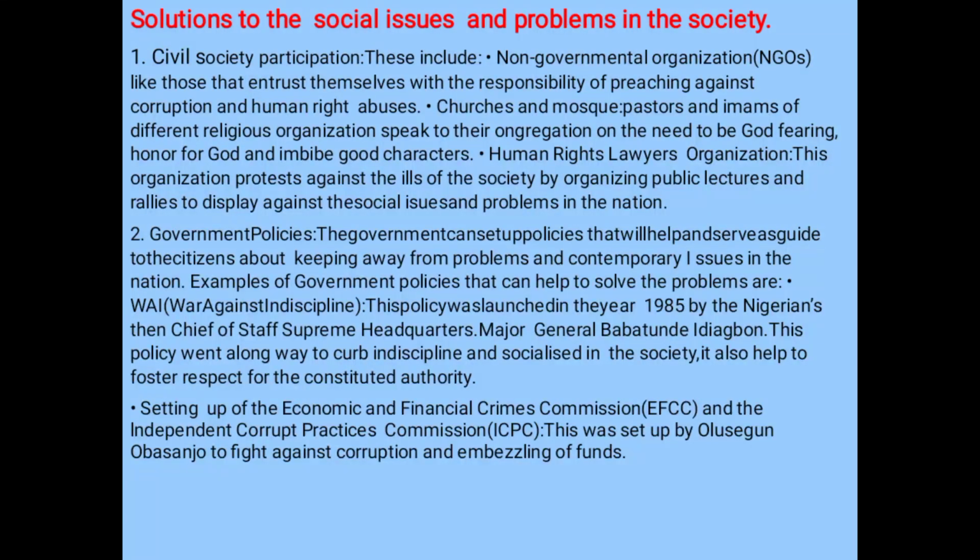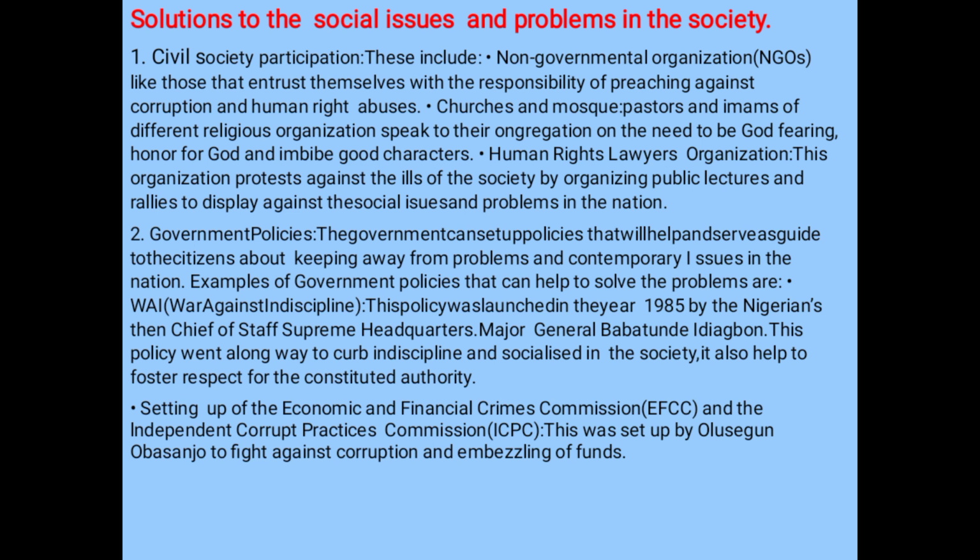Let's look at the solution on how to curtail this issue in our society. One, civil society participation, which includes non-governmental organizations, those that have entrusted themselves with the responsibility of preaching against corruption and human rights abuse.